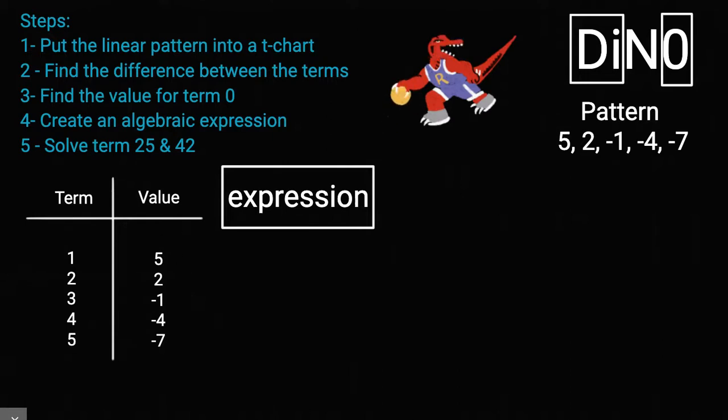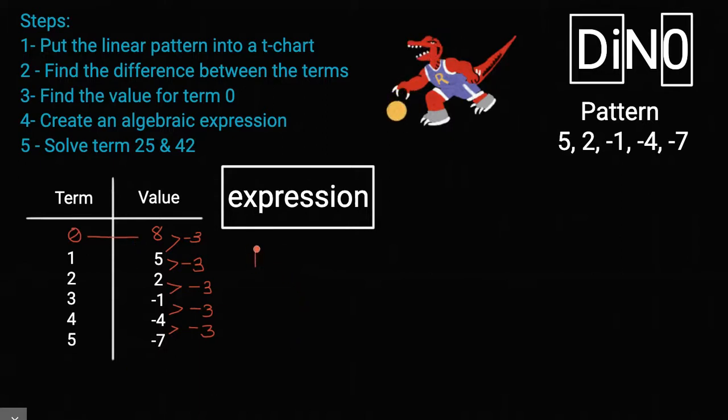The difference between 5 and 2 is negative 3. The difference between 2 and negative 1 is negative 3. The difference between negative 1 and negative 4 is negative 3. The difference between negative 4 and negative 7 is negative 3. The difference between this number here and 5 will also be negative 3. So that means 5 plus 3 is equal to this number, which is 8. And I know that that is term 0.